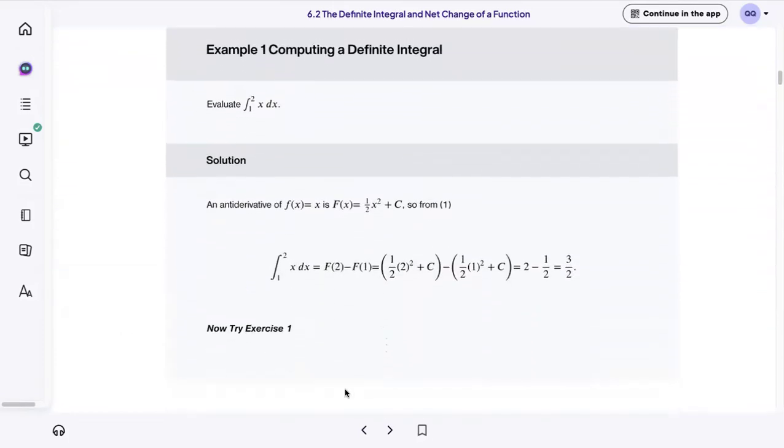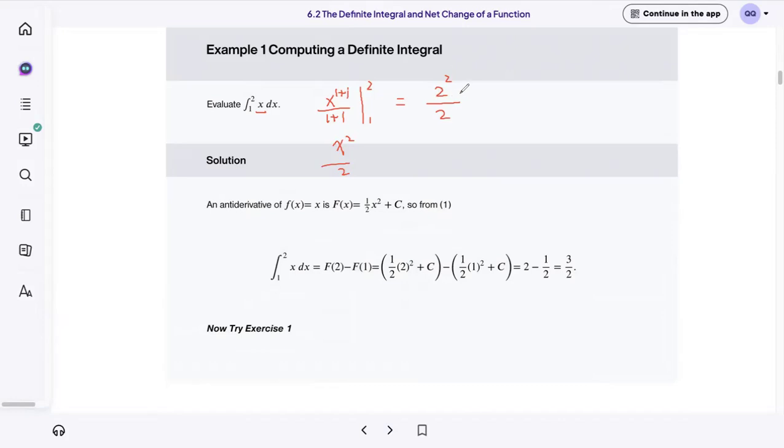Let's see this example. We want to anti-differentiate x. X raised to 1, we add 1 to it, and divide by 1 plus 1. Then we want to evaluate at 1 and at 2. So that's x squared divided by 2.